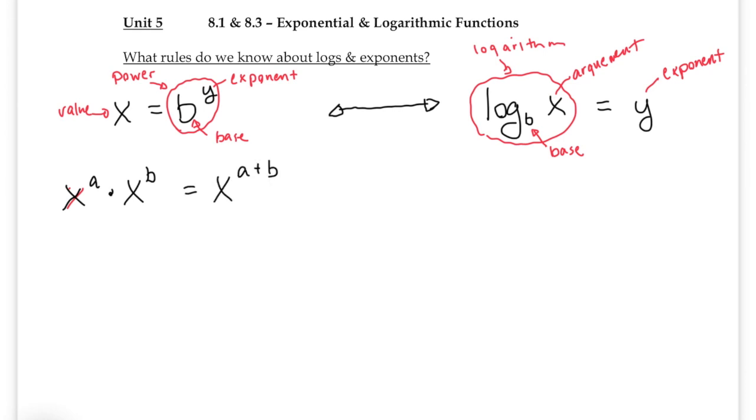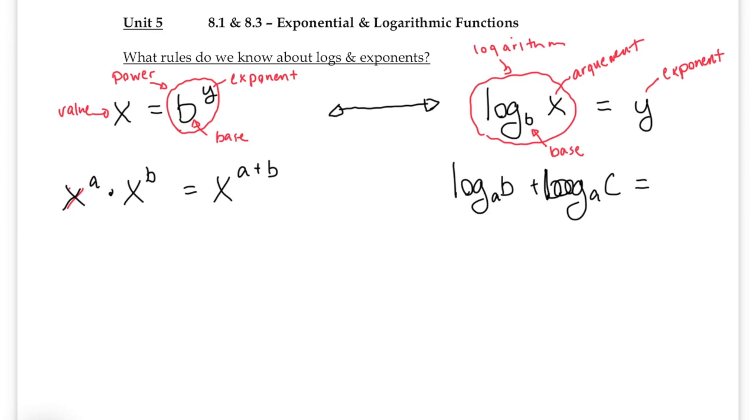Now in logarithmic form, remember that the logarithm itself is the exponent. So I would have something like this: log base a of b plus log base a of c.